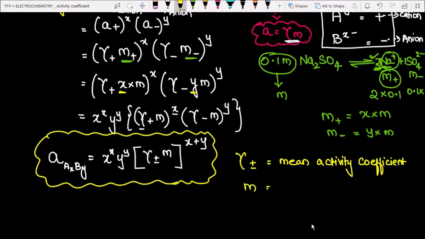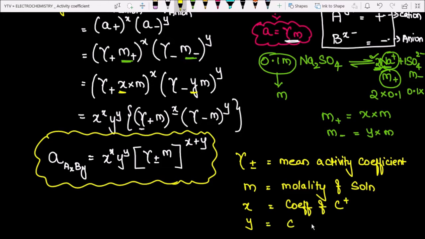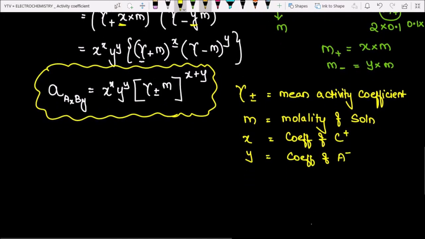And m is the molality of the solution. Similarly, x and y: x is the coefficient of the cation, and y is the coefficient of the anion. That's all. Now let's take a simple example and understand how to apply this formula.